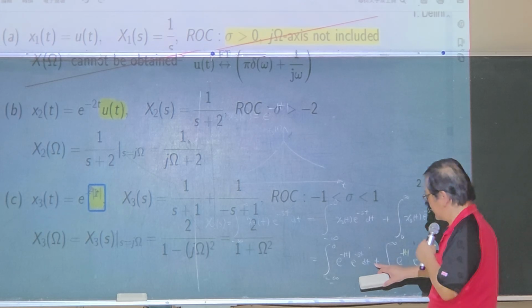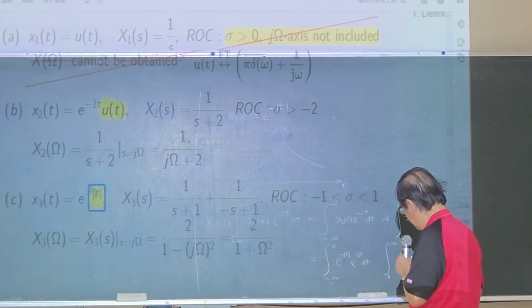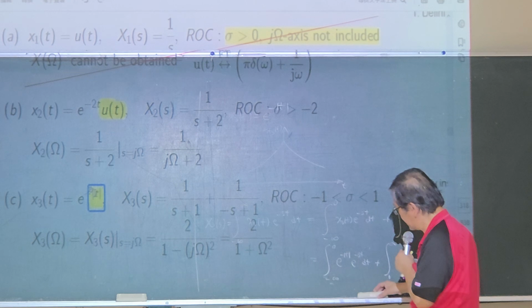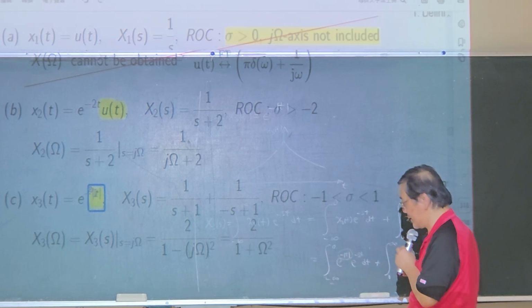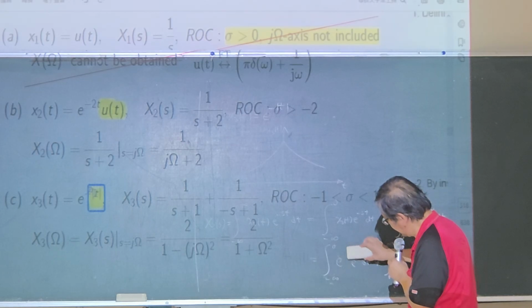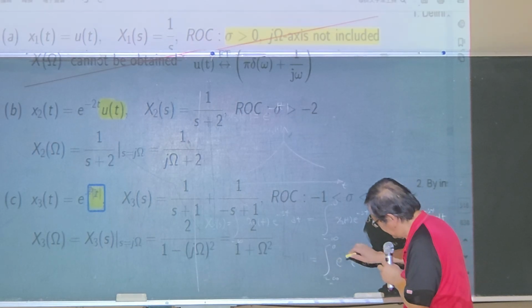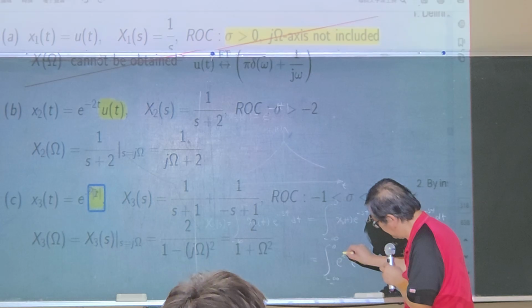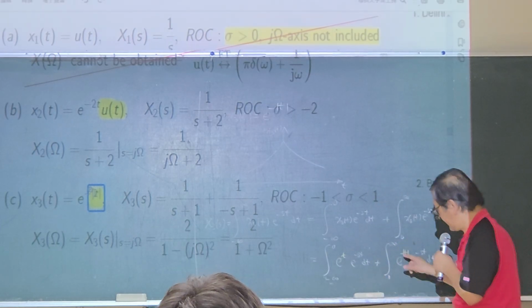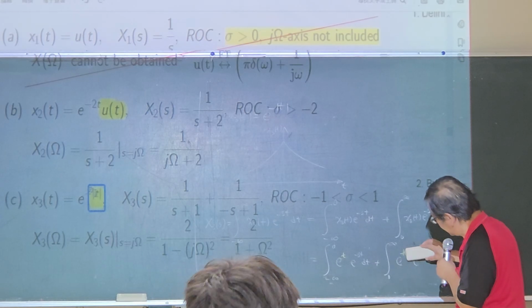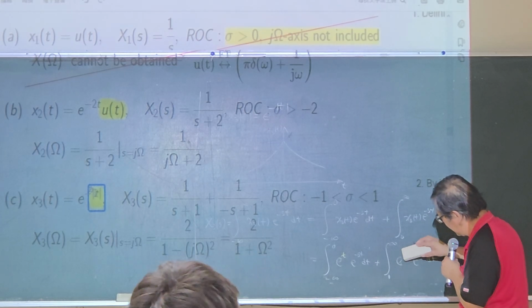Okay, now for t is negative, this value must be always negative, okay? So for t negative, I can replace this by e to the t, right? For t positive, this is always negative.